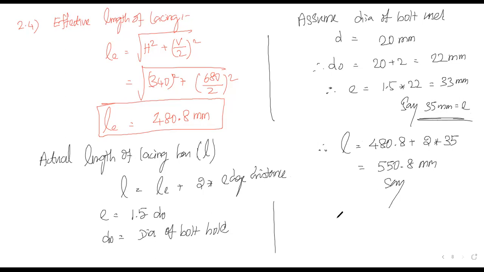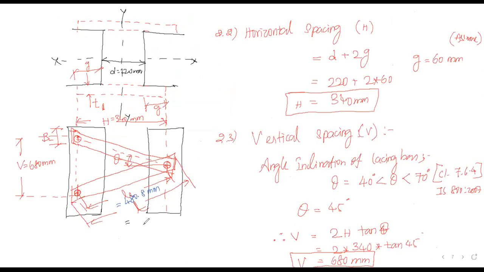Say actual length L is equal to 555 mm. So in this figure, we have calculated the actual length also as 555 mm. Now we have to calculate the breadth and thickness of lacing bar.